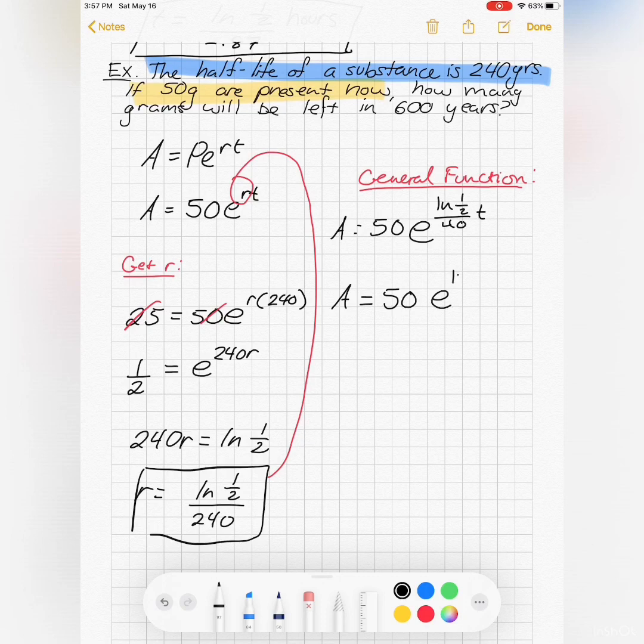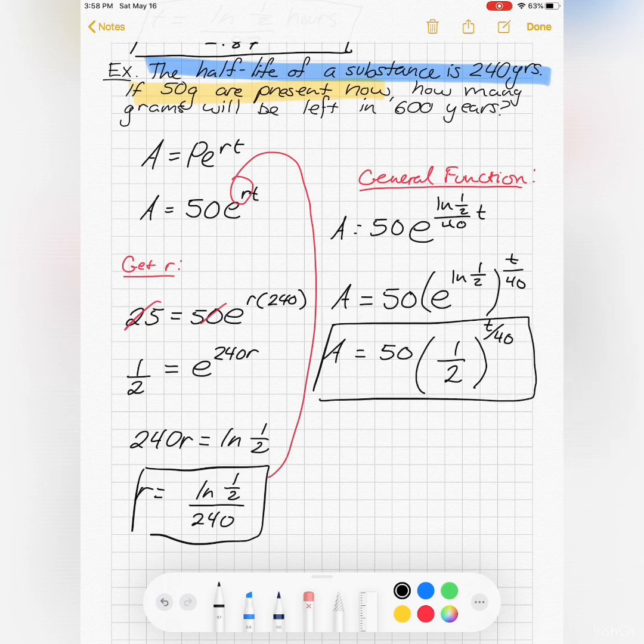Rearrange, so the ln's next to the e, the t over 240 is on the outside. So I can then cancel, base drops. Okay, and there's my general function.